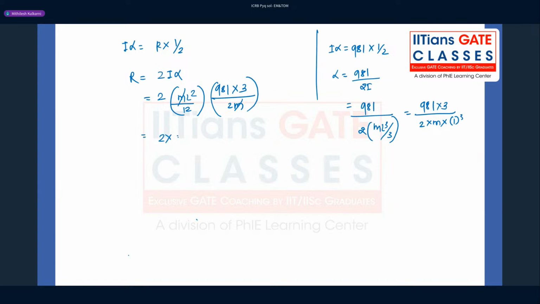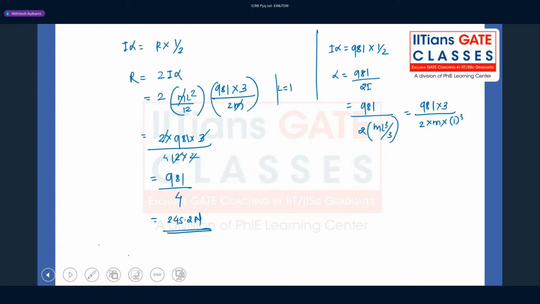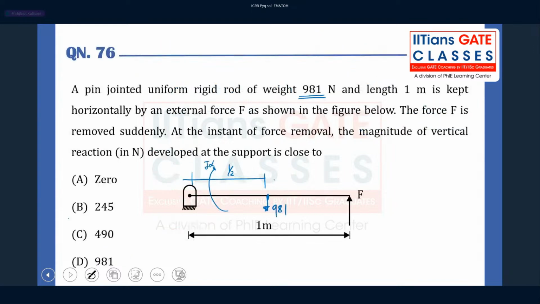So 2 into 981 into 3 divided by 12 into 2 ends up with 981. This 2 will get cancelled. 3 1s are 3, 4s are divided by 4, we can say, which is 245.2 Newton. Hence, option B is correct in this case.